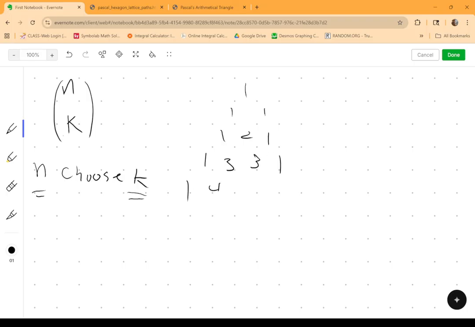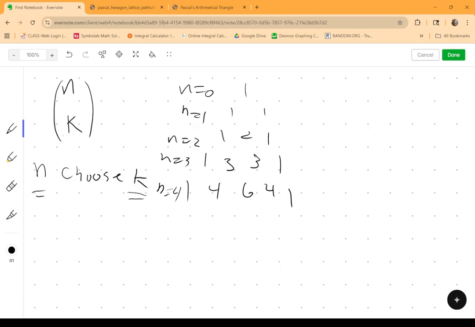Again, if we think of, we always start at 0, the first row, second row, third row, etc. Let's do the 4. Okay.